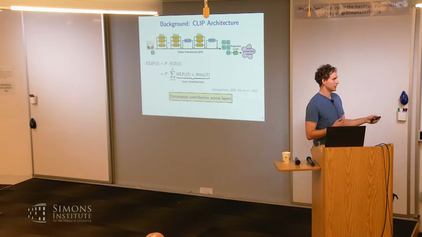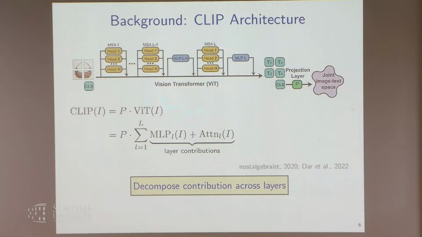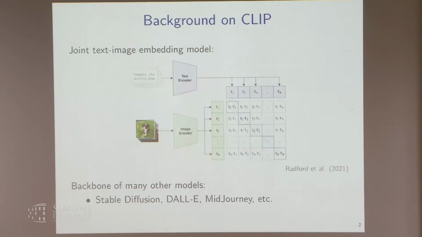The text embedding function would look like this as well, except instead of image patches, it would be tokens. So going back to here, I'm describing one function, and there's an entirely parallel, separate function, which is the text encoder. It's been trained to make those two functions consistent with each other, but mathematically they're totally separate functions. Does that make sense? Great.